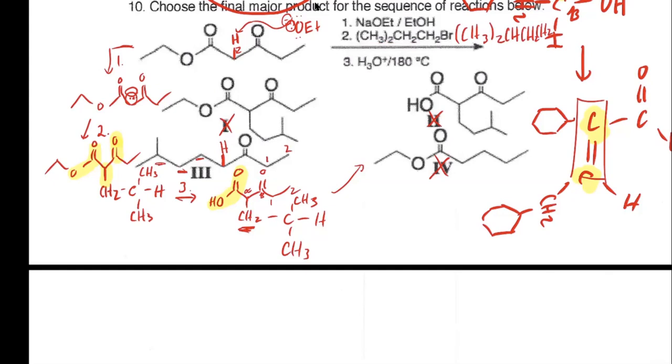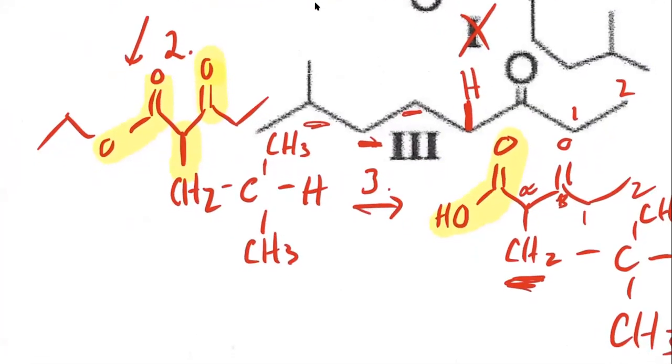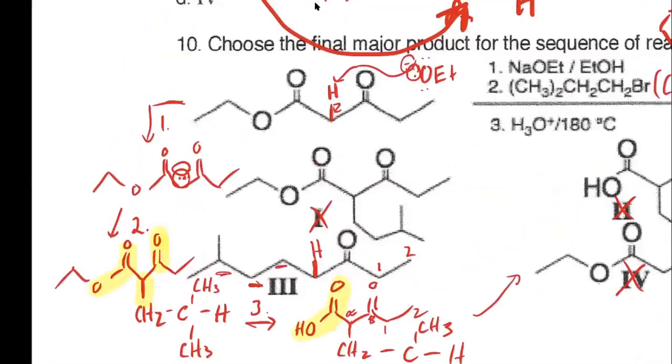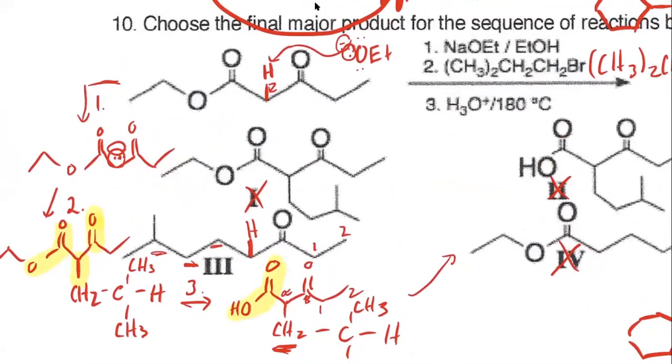So the issue was over here, where on number 2, it's giving us a CH3 in parentheses with a 2 and a CH2, right?